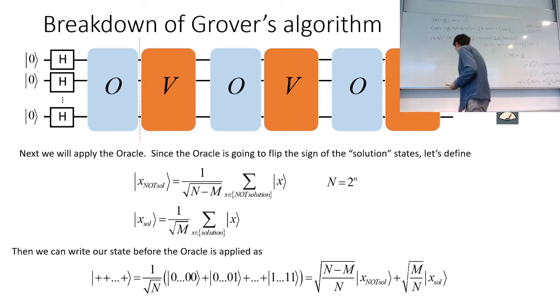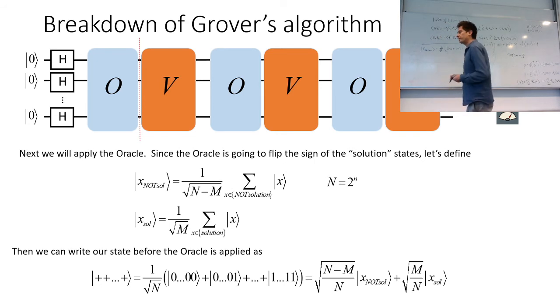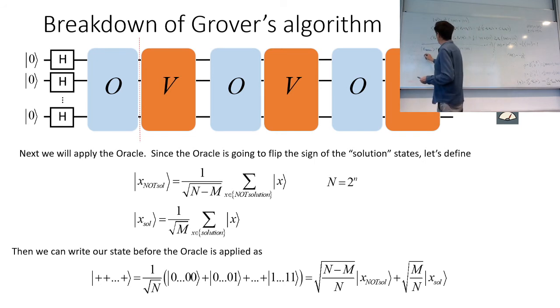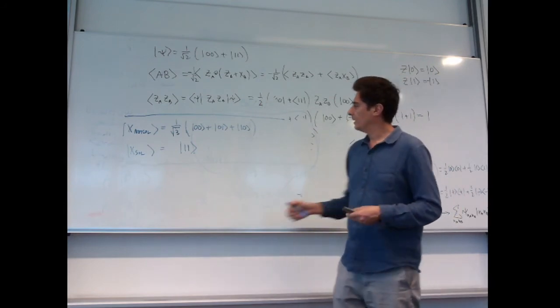So maybe we can just do a 2-qubit example. So for x not sol, for example, this could be for a 2-qubit example. You did Grover, right? I think you made 1,1 your solution state, right?